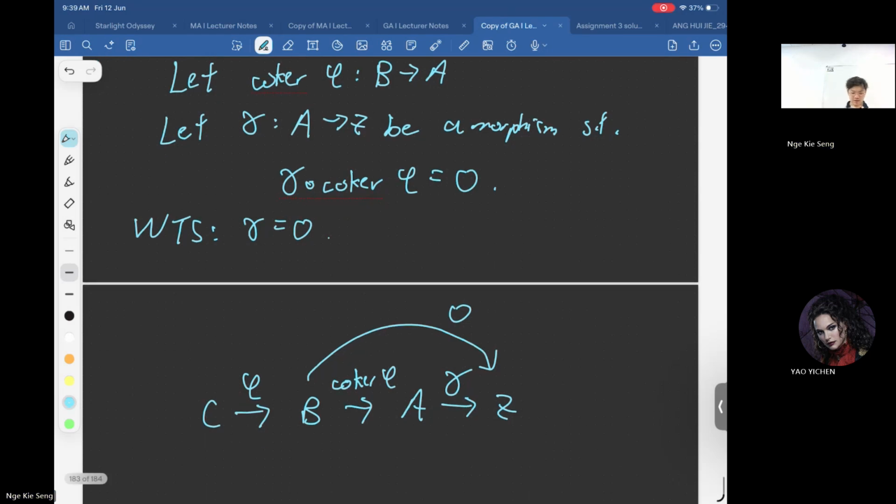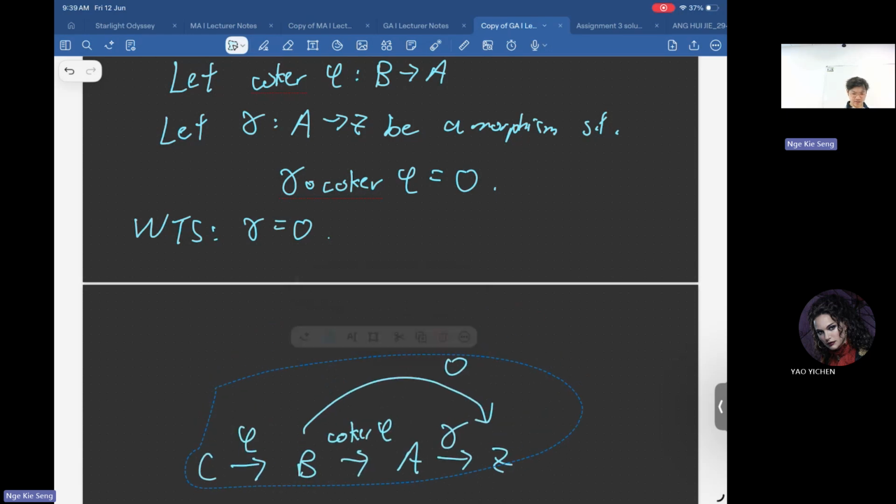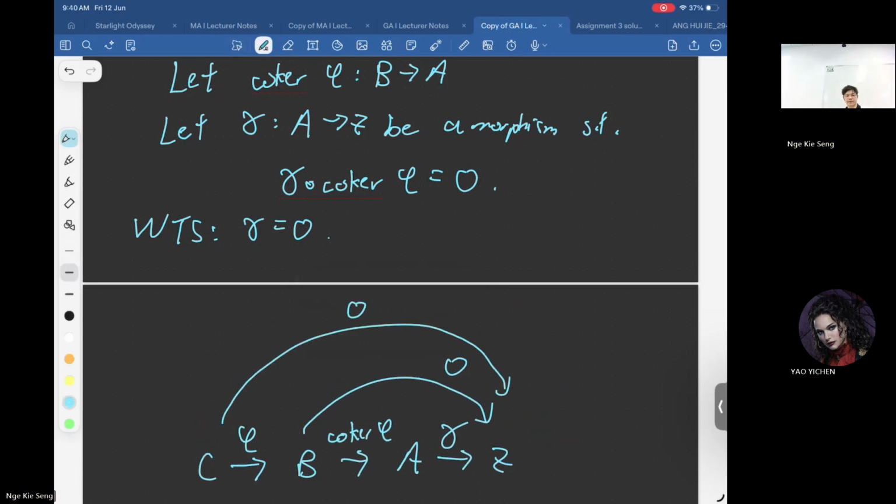This part composed to 0 also implies that the whole part here composed to 0.